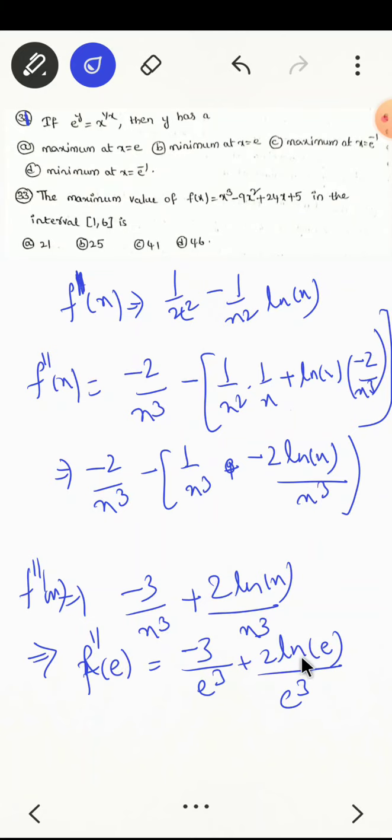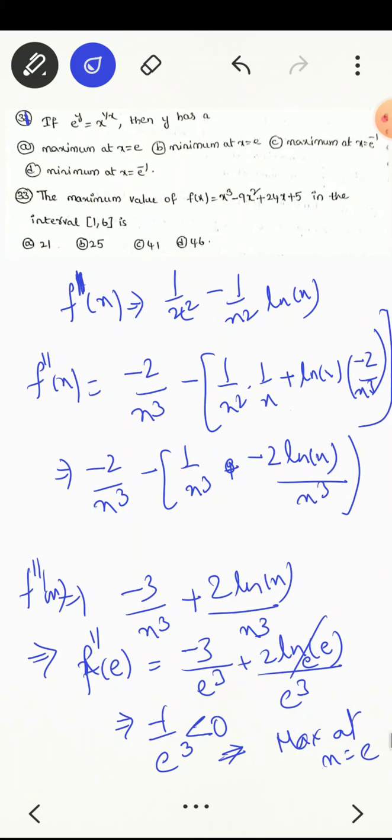Ln of e is 1. Again this will cancel, and that value will be 1. So I am getting it as minus 1 by e cube, which is less than 0. That means what I can say, maximum at x equal to e. Are you getting maximum at x equal to e?